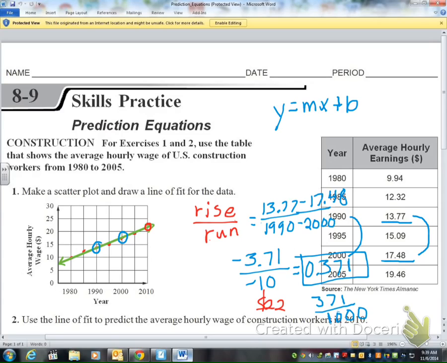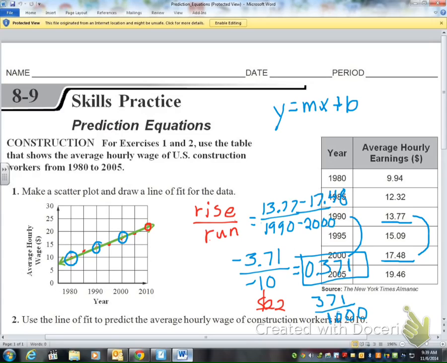What we know is the slope is 0.371, and we can choose any y and x. So I, for instance, will use the very first values here. Or actually, since we want to use ones that are close to the graph, you might want to use one that's pretty close to being on it, which actually 1980 and 9.95 is pretty close. Or I can use one of those 2 points that I started with. The only thing is if you have a point that's very far off the line, you don't want to use it as your x and y.